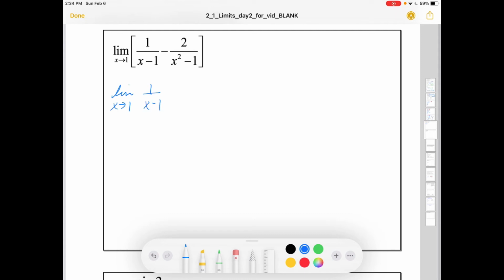And the way to do that is to create a common denominator. And the way to find a common denominator is probably to factor the bottom. So instead of writing it as x squared minus 1, I'm going to write the bottom as x plus 1 by x minus 1.